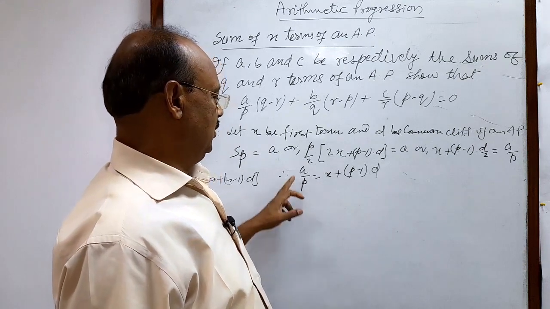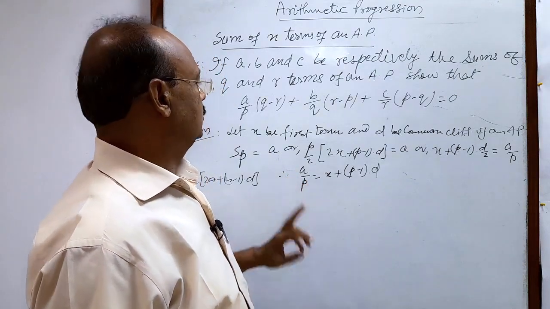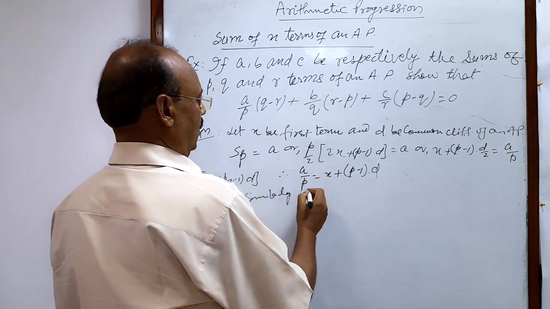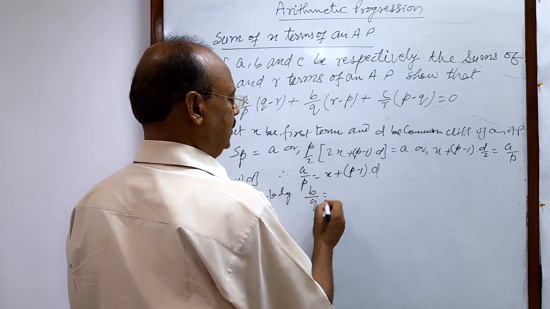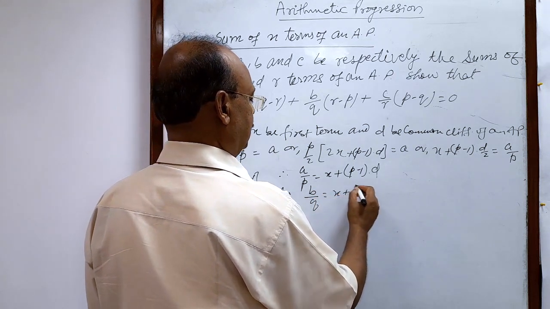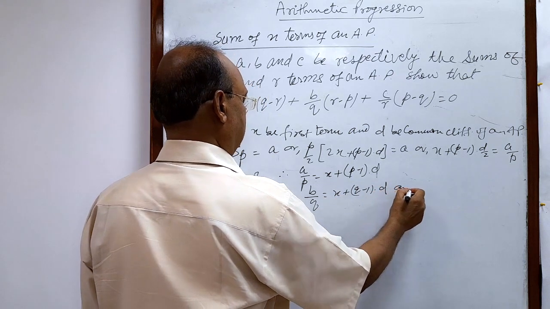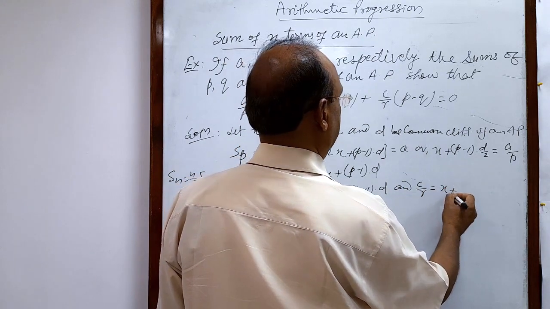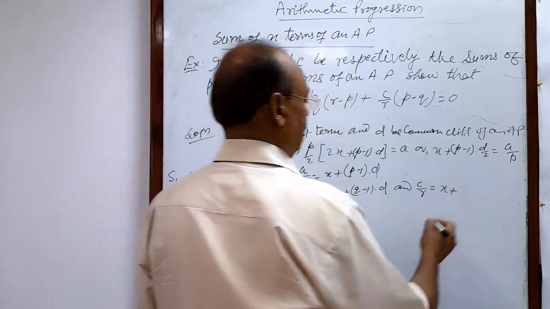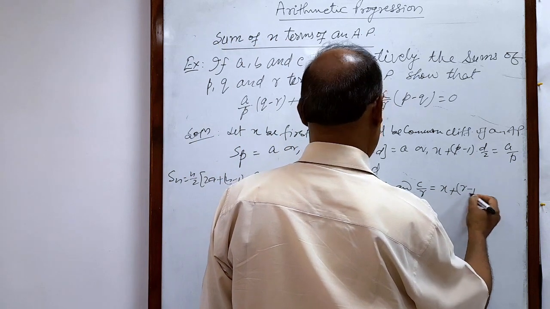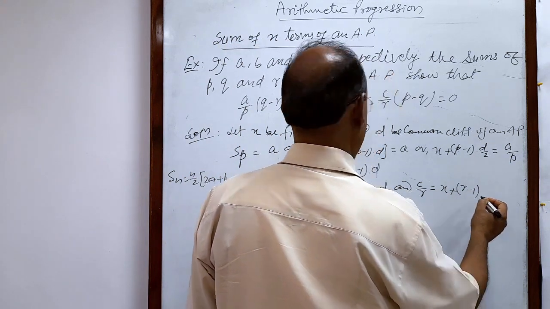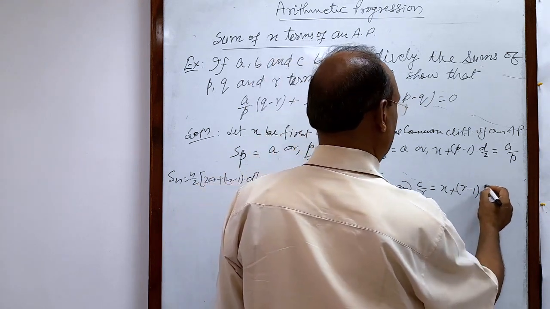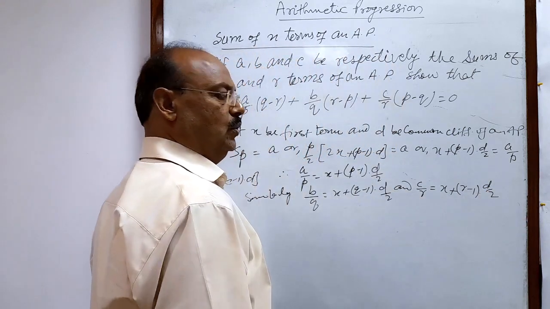Only there will be a change in A and P. So similarly, B by Q will be X plus (Q minus 1) into D by 2, and similarly C by R is equal to X plus (R minus 1) into D by 2.